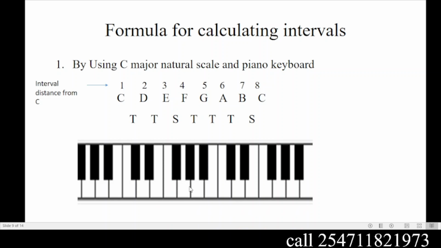From F to G is a tone, G to A is a tone, A to B is a tone. Those are 3 tones. Then B to C is a semitone, and C to D flat is another semitone. Those make 4 tones, or 8 semitones. So a minor sixth should have 8 semitones or 4 tones.